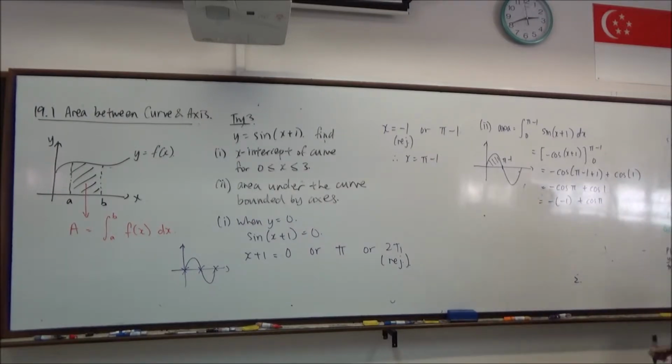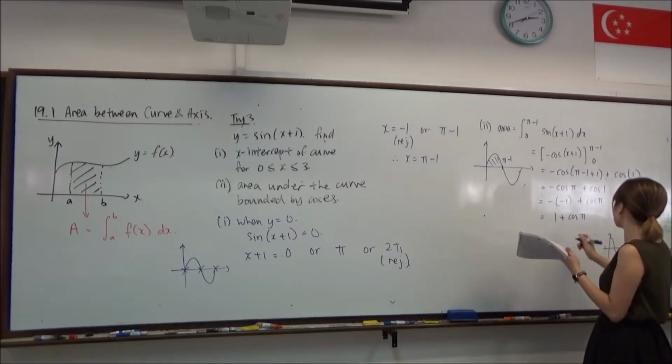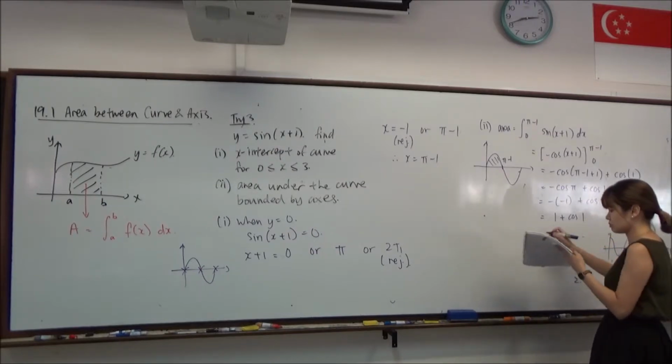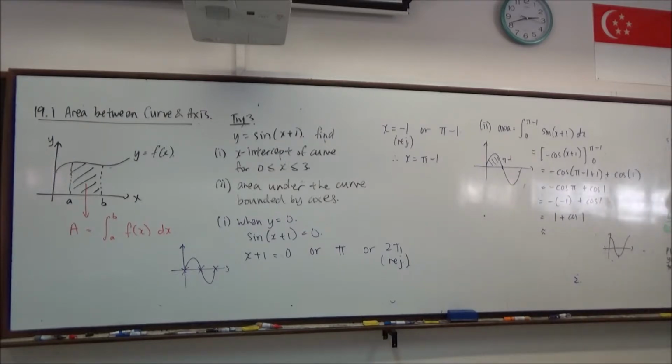Cosine of pi minus 1, what? Do we press in degree mode or radian mode?